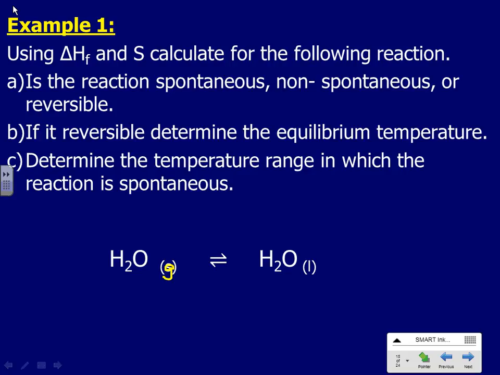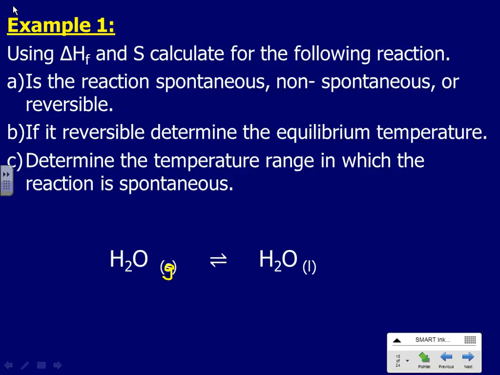Multiple ways in which I can explain this. If we have a temperature that's really big, then this term becomes really big. Because T will be a big number, and T times whatever number that delta S will make this a big number. All right? I'm going to write that down.